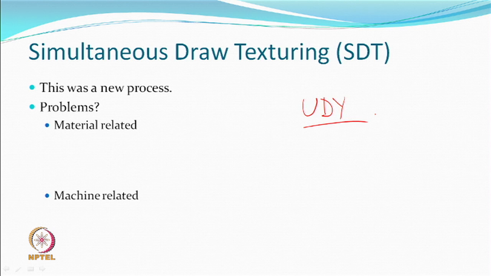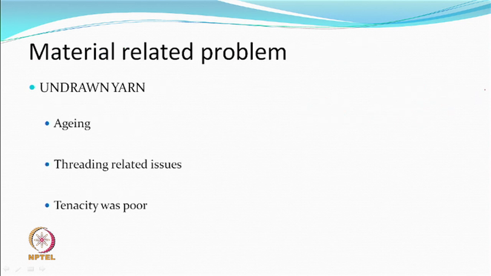UDY, you understand, is produced at approximate speeds of 500 to 700 meters per minute. The undrawn yarn had three major problems. One of the problems was called aging, that means storage stability.